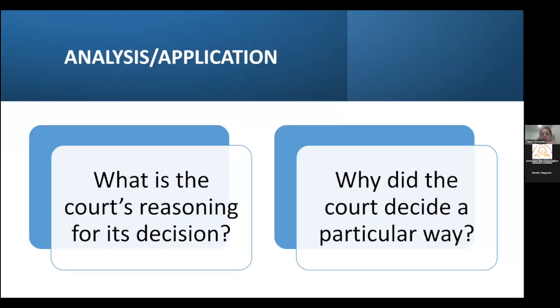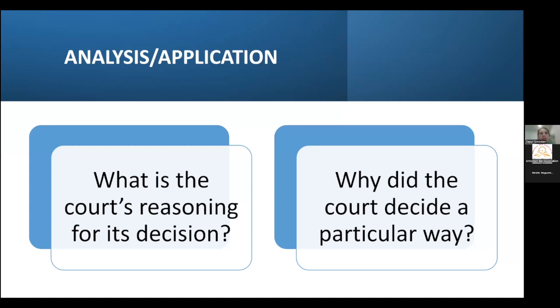For the analysis, two things I would tell you to look at are: what's the court's reasoning, meaning why did the court decide a particular way, and what are the key facts that it relied on? Oftentimes in analysis, what you're going to look at is the court's interpretation of the facts.